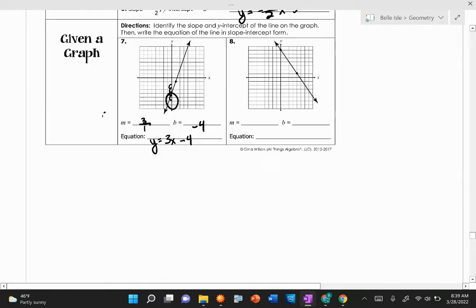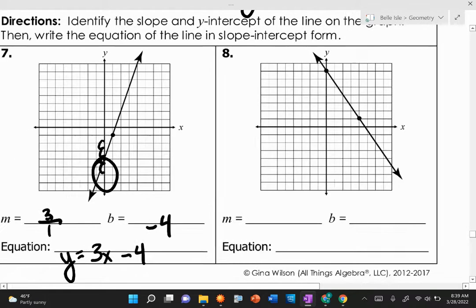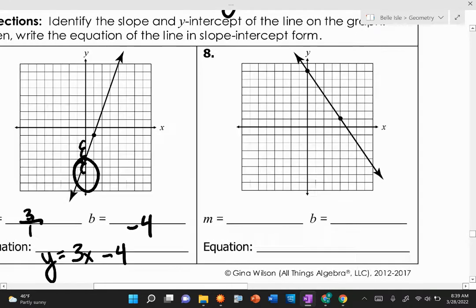We'll go ahead and do number 8 together as well. We're going to find the slope. 1, 2, 3, 4, 5, 6 over 1, 2, 3, 4 over -4, which is going to be -3 over 2.